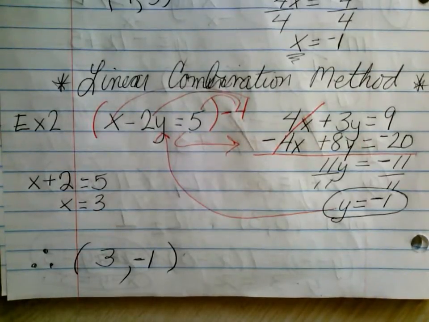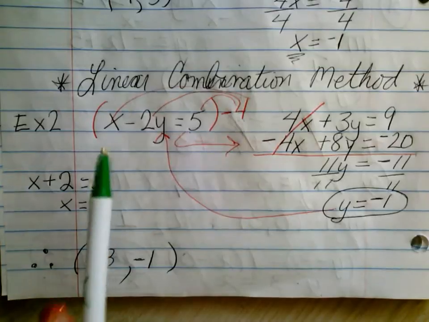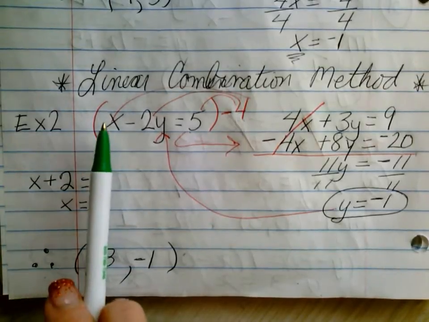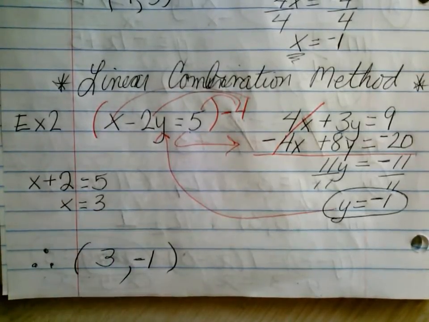All right? There is another way to solve these, which can be very, very handy when a coefficient is a 1, like in this one. And that is actually called the substitution method. So we're going to talk about the substitution method next, but recognize there are two methods, linear combination and substitution, which I am about to share with you.